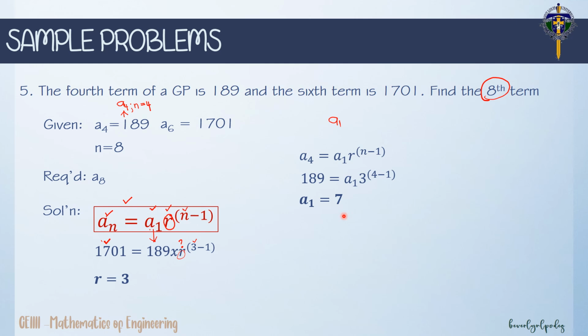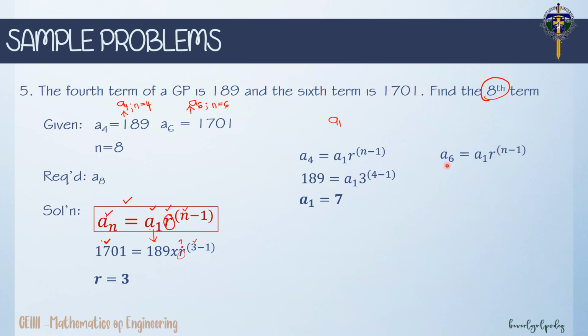We can also, for the sake of comparison, use a6 to solve for the value of a1. If we make this our last term, therefore our n is equal to 6. So using now the value of a6, the sixth term a6 is equal to the first term multiplied by the ratio raised to n minus 1.